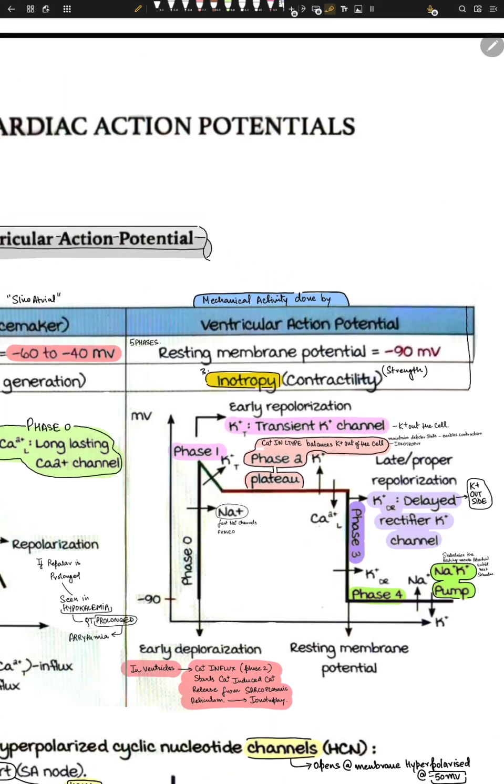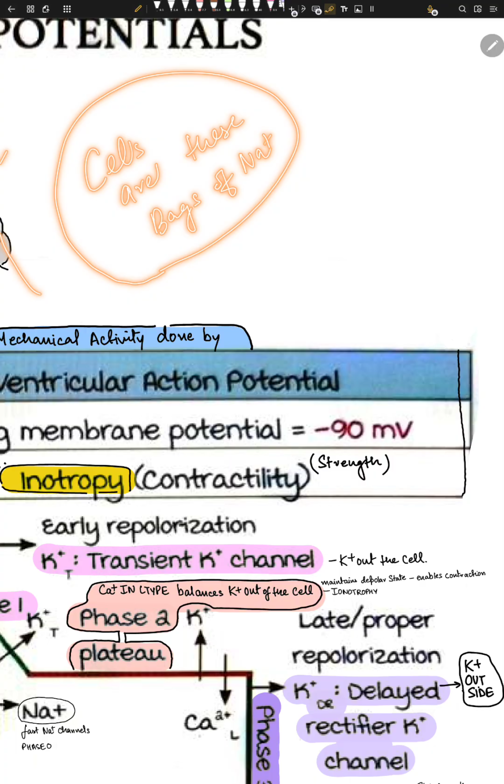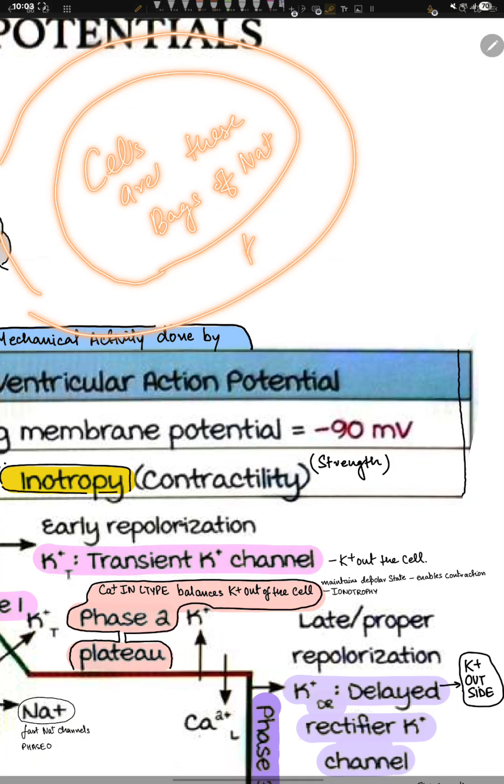And usually, I just want you guys to remember that cells, wait, let me write it again. Cells are these bags of sodium that are surrounded in an ocean of potassium.